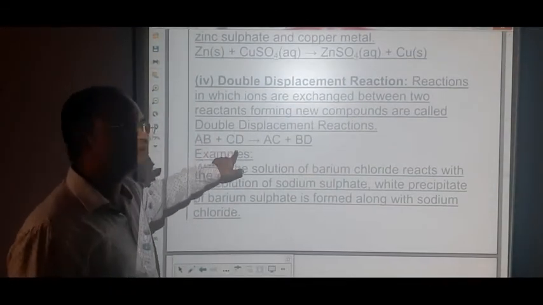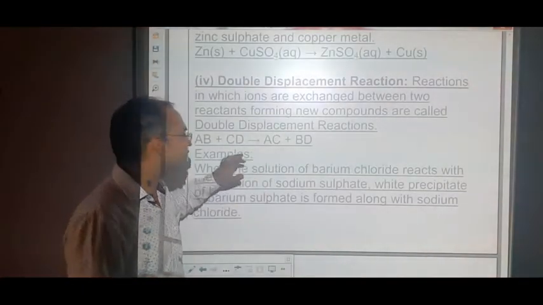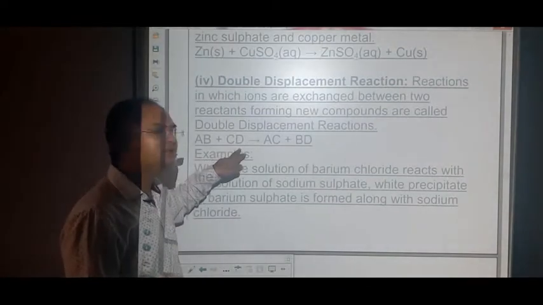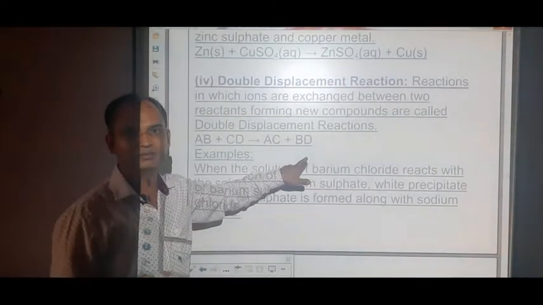Whenever AB reacts with CD, it is a skeletal or model reaction. Whenever AB reacts with CD, then AC plus BD are formed.